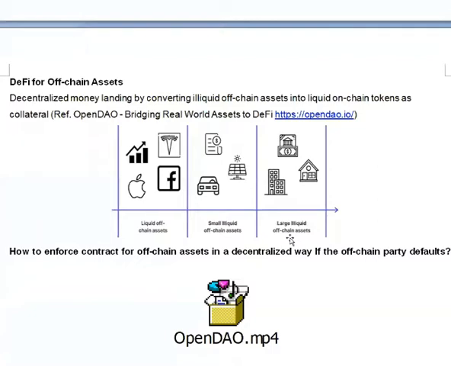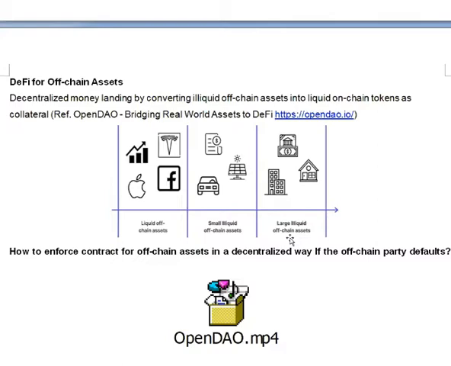But this side is more extended. You can use any real asset. A real asset means a real-life asset. Real estate is one, and you can include anything that has value off-chain.